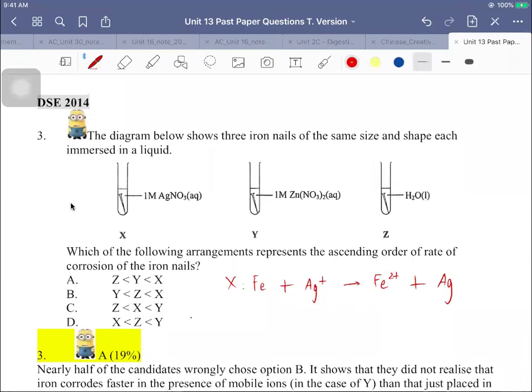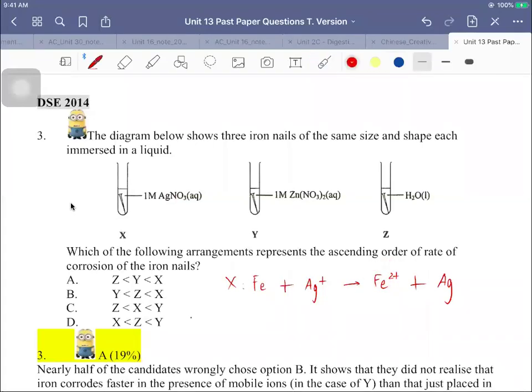As stated in the equation, you can see there is a lot of iron 2 generated through the process. So other than the mobile ions speeding up the process, the displacement reaction also speeds up the process because it generates a lot of iron 2 here.